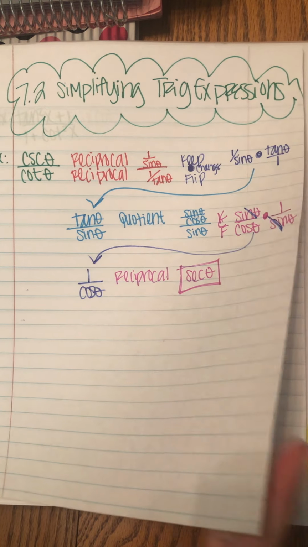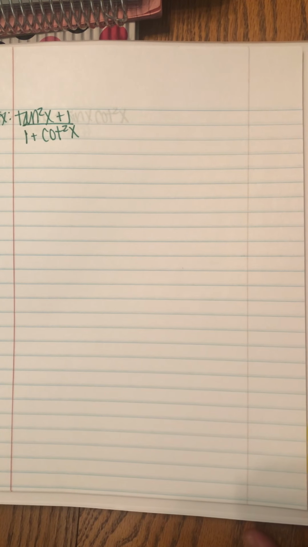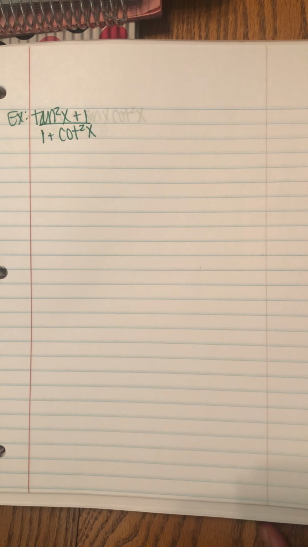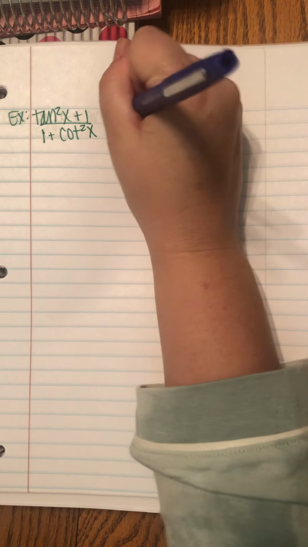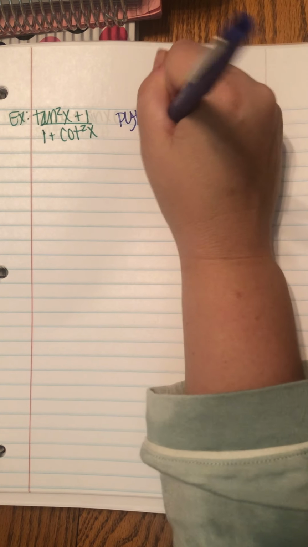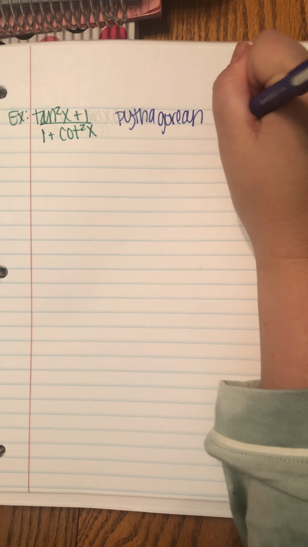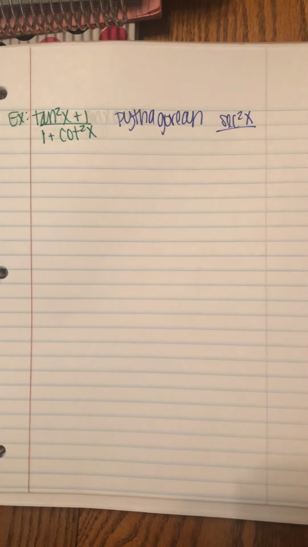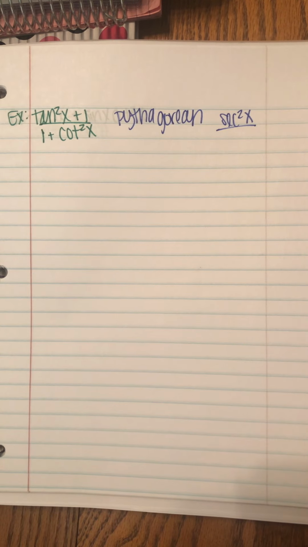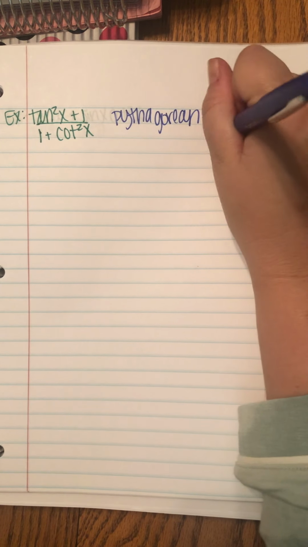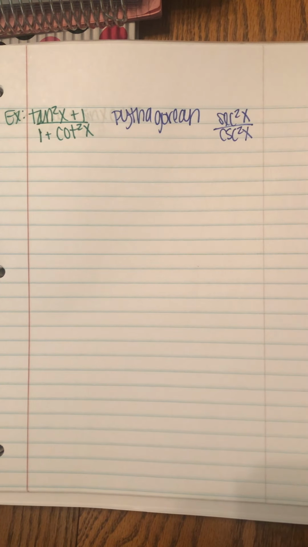All right, let's look at another example. Here we've got tangent squared plus 1, and it's divided by 1 plus cotangent squared. So first off, when I think of these, I think of my Pythagorean identities. And so that numerator would become secant squared x, and my denominator would become cosecant squared x.